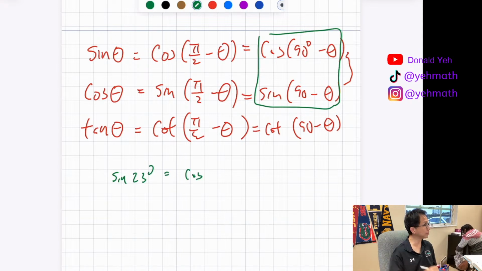Cosine of which degree? Can you guys guess? 67. Why 67? Because you subtract 23 from 90. So try it: type in sine of 23 degrees and cosine of 67. Make sure your calculator is in degree mode. Then you can actually see that that's true.